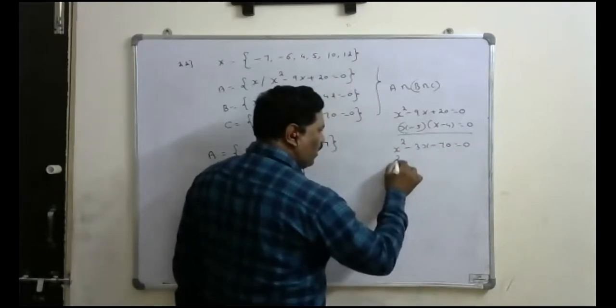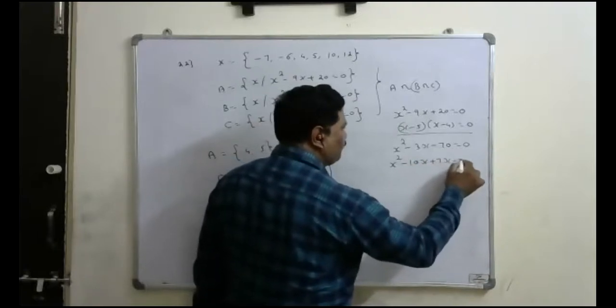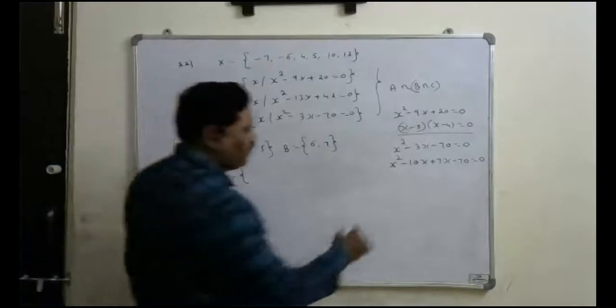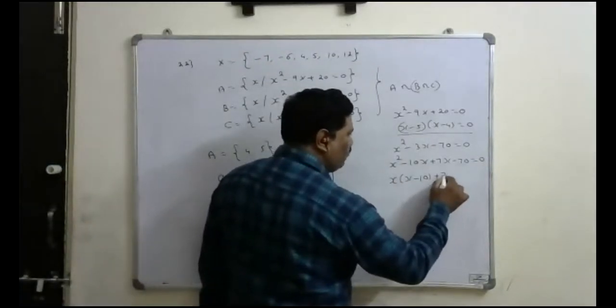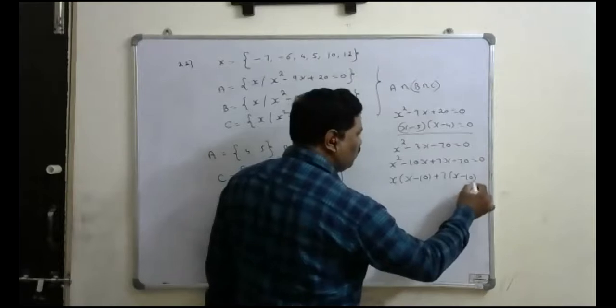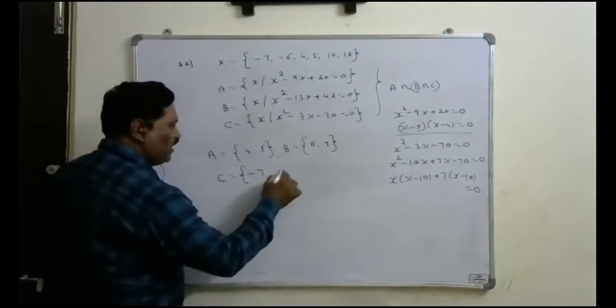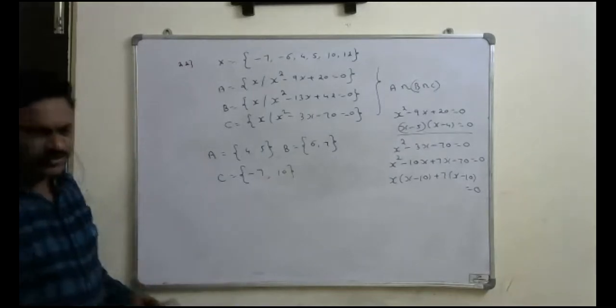So this is equal to x squared minus 10x plus 7x. From this I can take x common, then it is x into (x minus 10) plus 7 into (x minus 10) is equal to 0. Therefore, what are the values of x? Minus 7 or 10. Minus 7 or 10 are the roots.